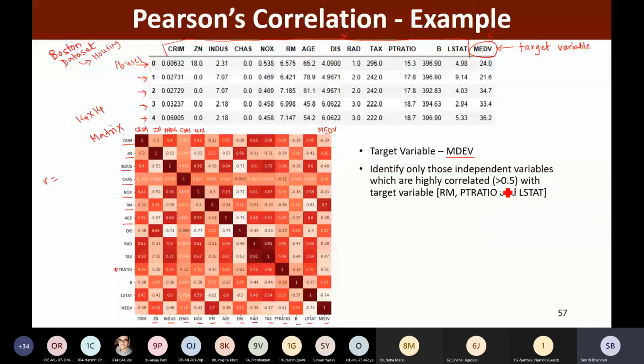To find this high correlation, we have selected the threshold as 0.5. So we are assuming that if the correlation is greater than 0.5, either positive or negative, then that independent feature is highly correlated with our dependent variable.